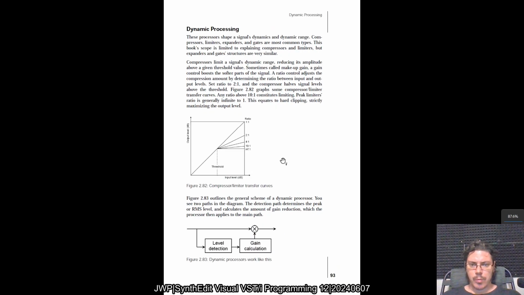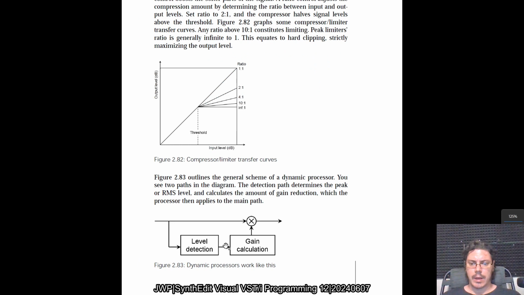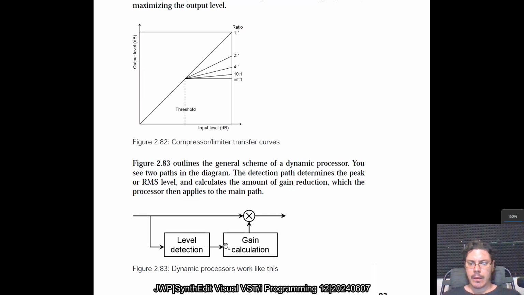Figure 2.83 outlines the general scheme of a dynamic processor. You see 2 paths in the diagram. The detection path determines the peak or RMS level and calculates the amount of gain reduction, which the processor then applies to the main path. So in figure 2.83, dynamic processors work like this.